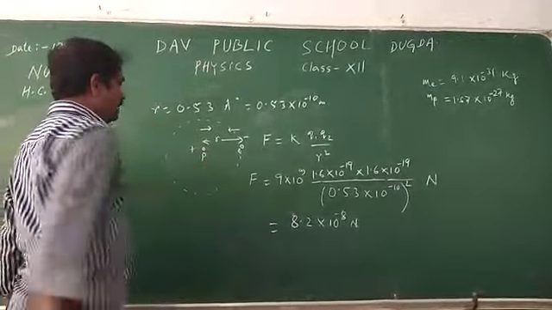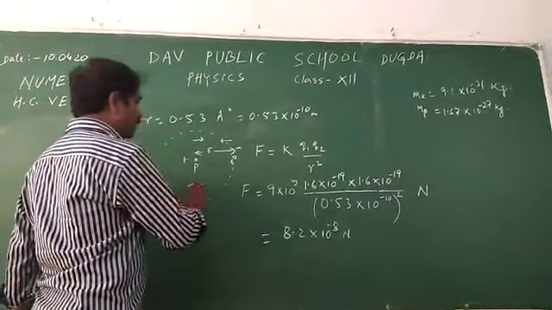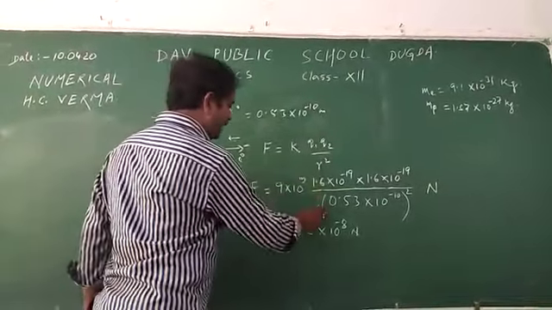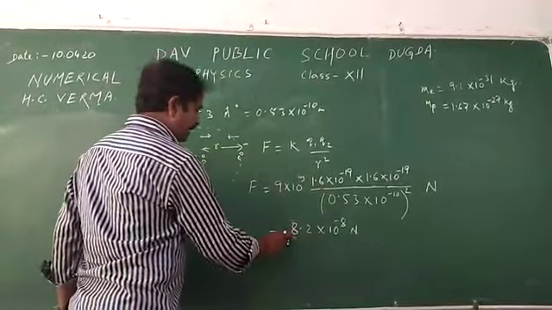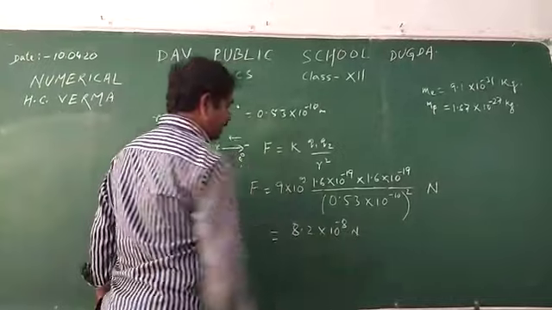So, in question number 18, we found the force between this proton and electron. After calculating, we obtained that this value is 8.2 into 10 to the power minus 8 Newton.